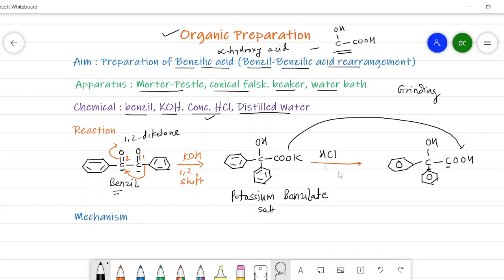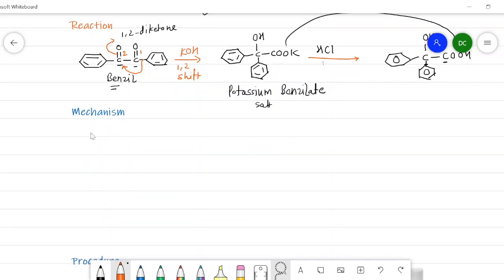And now we will see the mechanism of this preparation of benzilic acid. The mechanism involves the nucleophilic attack of OH minus on the carbonyl carbon of a diketone, that is benzil. So in the nucleophilic attack, what is happening?